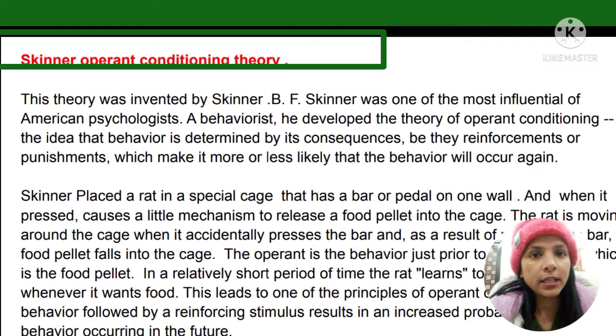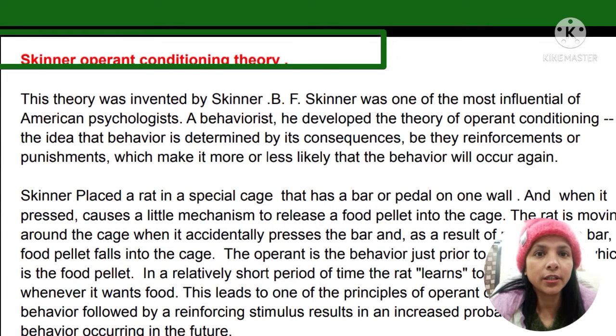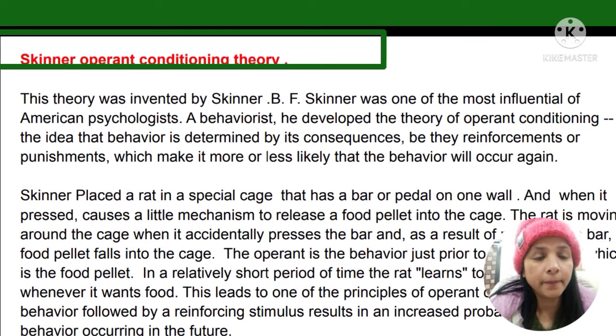Now let's see what Skinner's operant conditioning theory basically was. This theory was invented by Skinner, whose full name was B.F. Skinner, and he was the most influential American psychologist. He usually did experiments on different animals and birds and checked their behaviors.